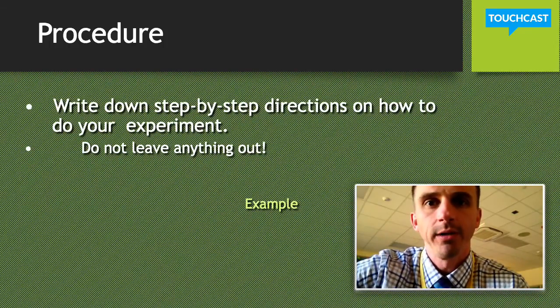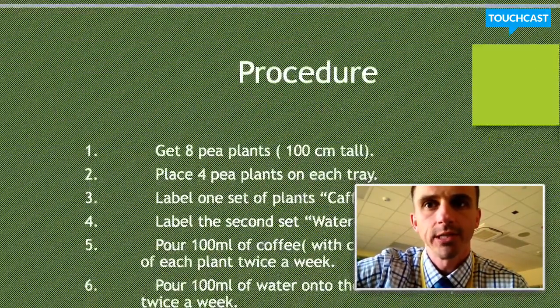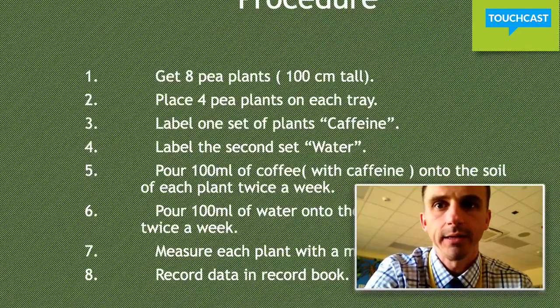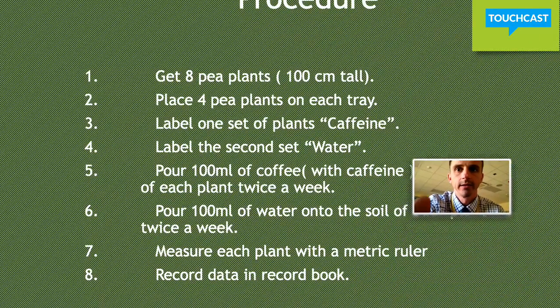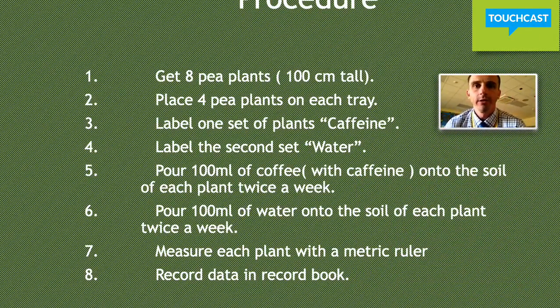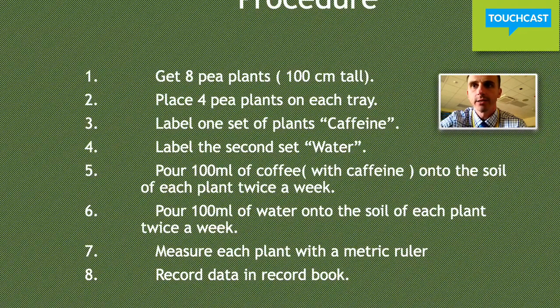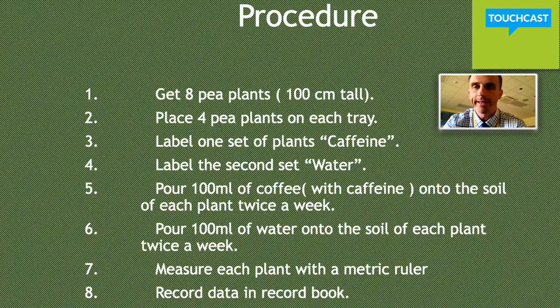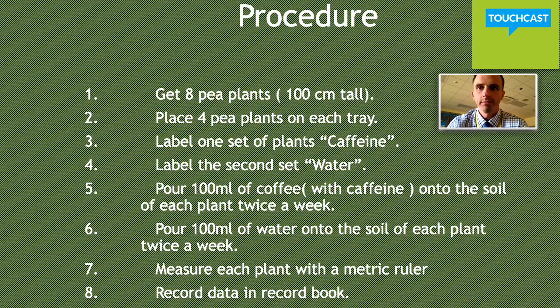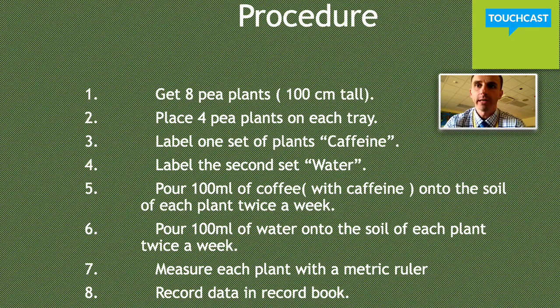Let's look at an example of some step-by-step procedures. All right, so here are some directions for the plants. Number one, get 8 pea plants. In this case, there's a specific set of how tall they are. Place 4 of the pea plants on each tray, so you have 2 trays, one for caffeine, one that's getting the water.